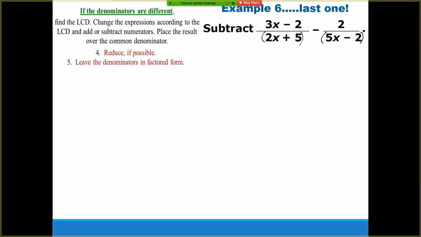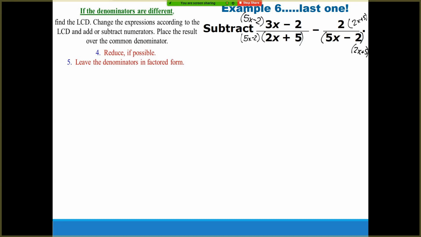So I'm going to take the first fraction and multiply it by 5x minus 2, top and bottom. And then I'm going to take the second fraction and multiply it by 2x plus 5 top and bottom.